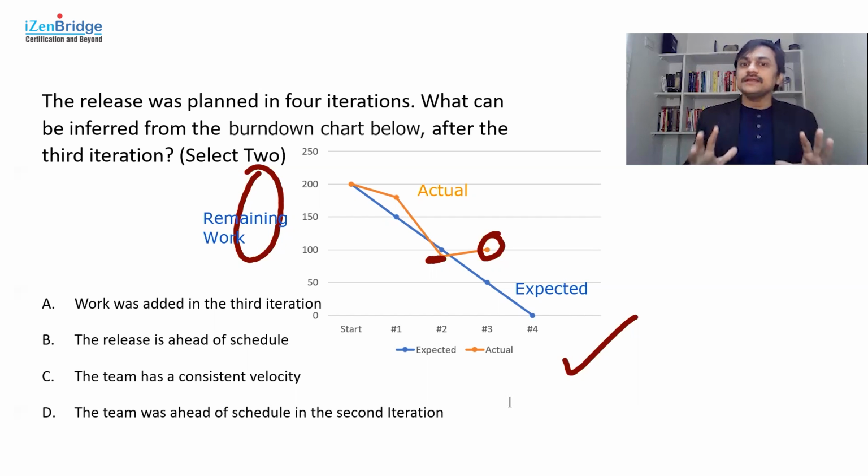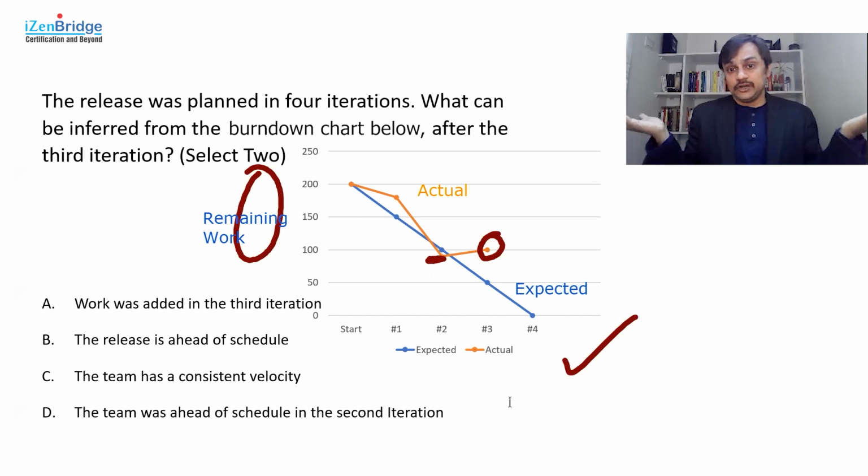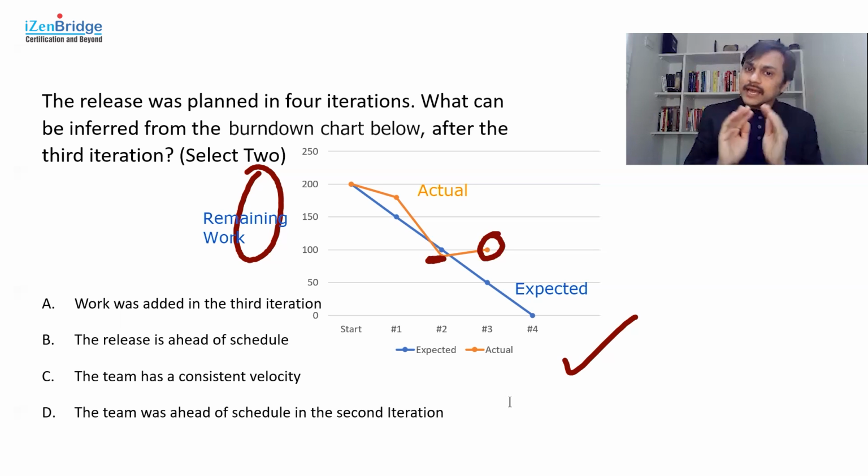Now, it could get expanded for various reasons. One possibility is that new scope got added. Another possibility is that I resized my remaining work, which also expanded it. The third possibility is that more defects got recognized, which means more and more work for me. But in general, the work has been expanded.